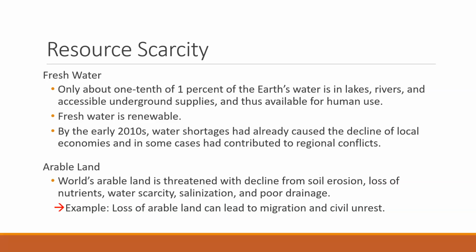However, we have been using water at a greater level than we renew it. We have to look at different kinds of things. Only 0.1% of the Earth's water is fresh water. That's not very much. One of the advances they're looking for is how to make ocean water drinkable.